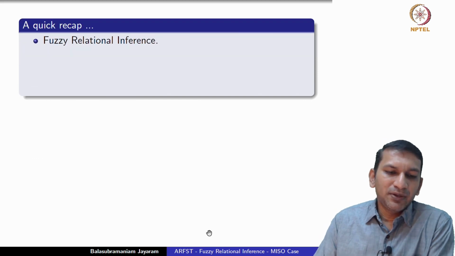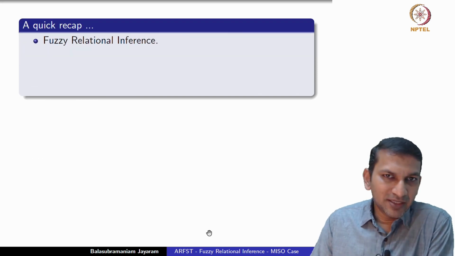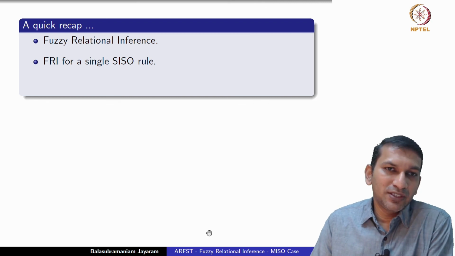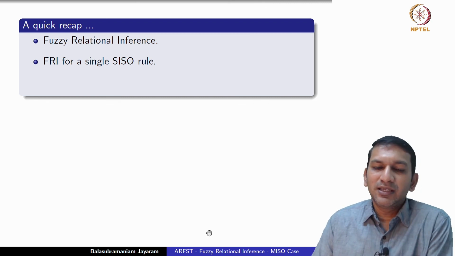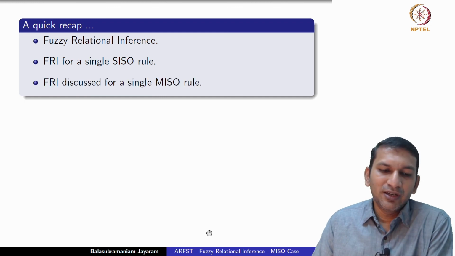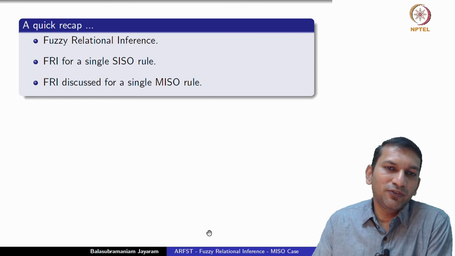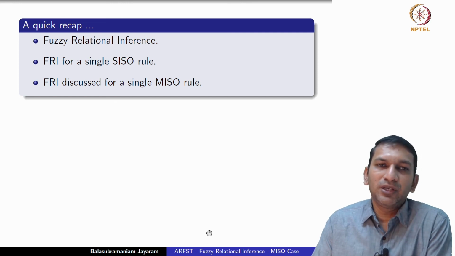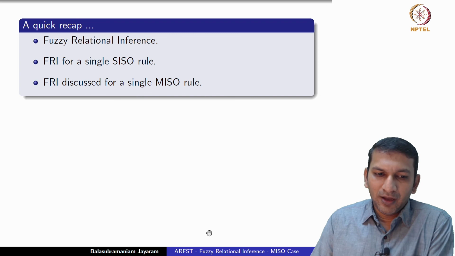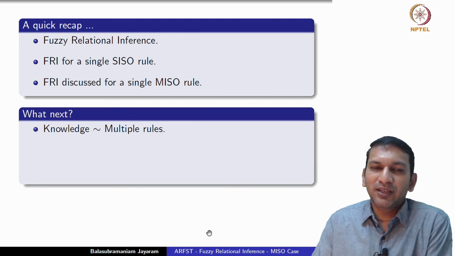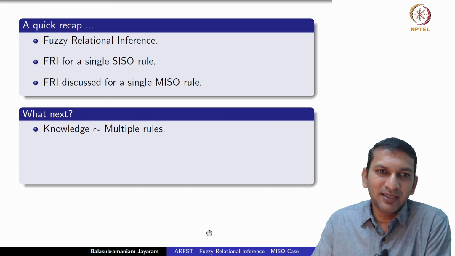A quick recap. We have been discussing fuzzy relational inference. In the previous lecture, we looked at fuzzy relational inference for a single SISO rule. In this lecture, we have looked at how to perform FRI in the presence of a single multiple input, single output rule. Of course, it is clear that the knowledge about any domain in which you are trying to reason cannot be captured in one single rule.